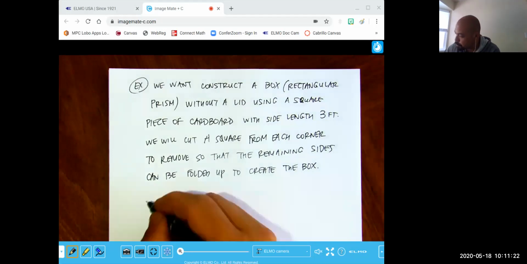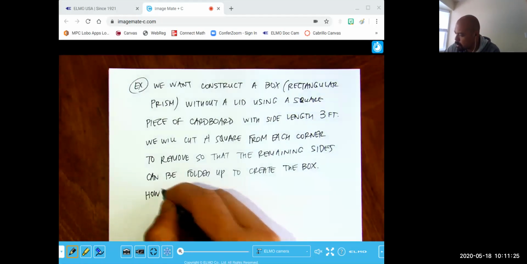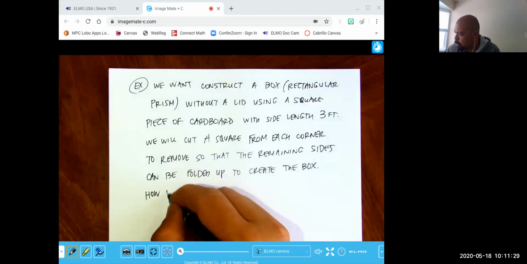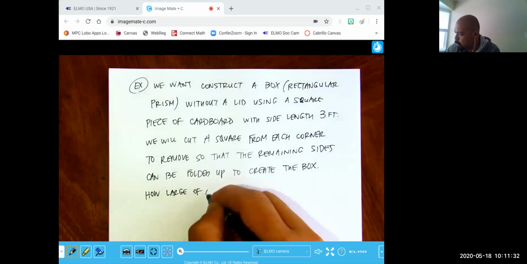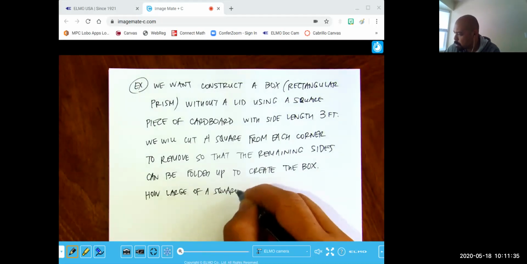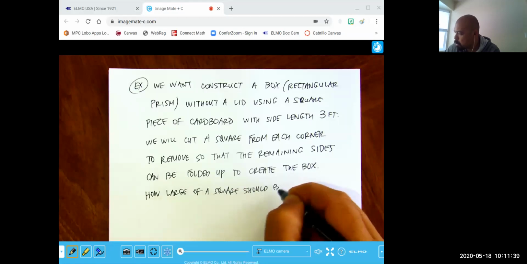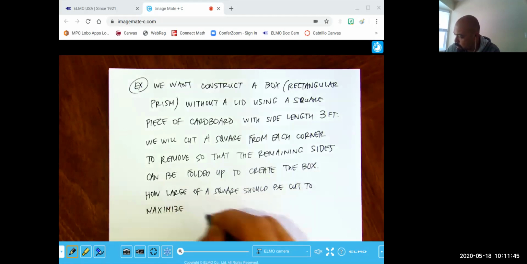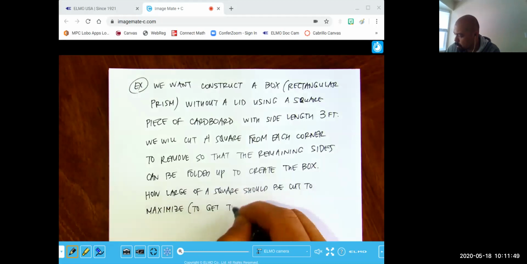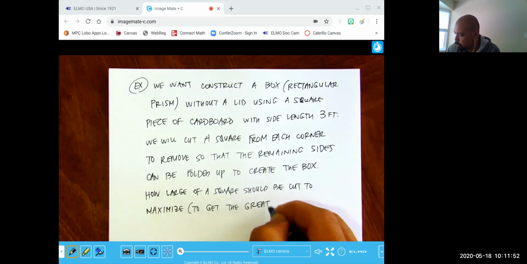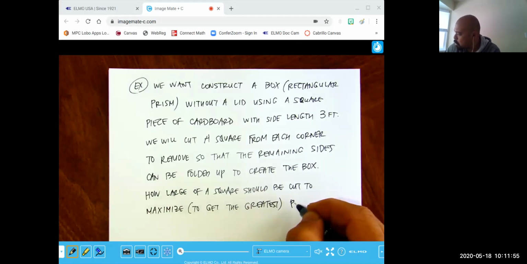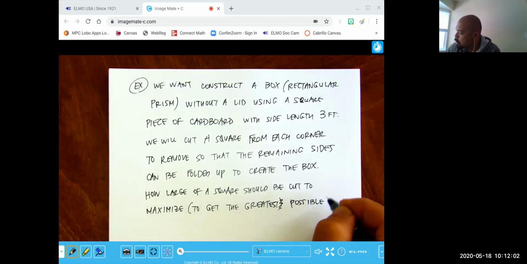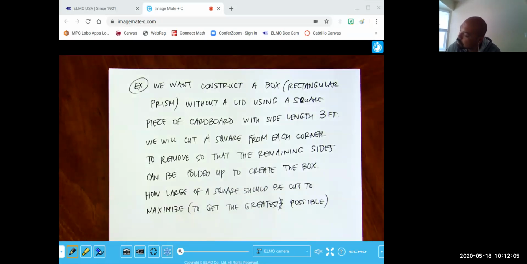All right, so here's our question. How large of a square should be cut to maximize, to get the greatest possible volume of that box constructed?